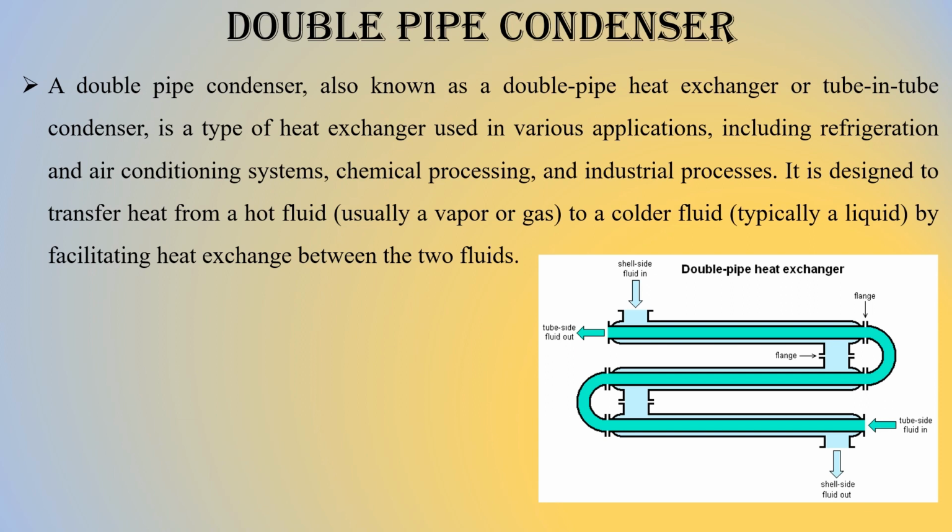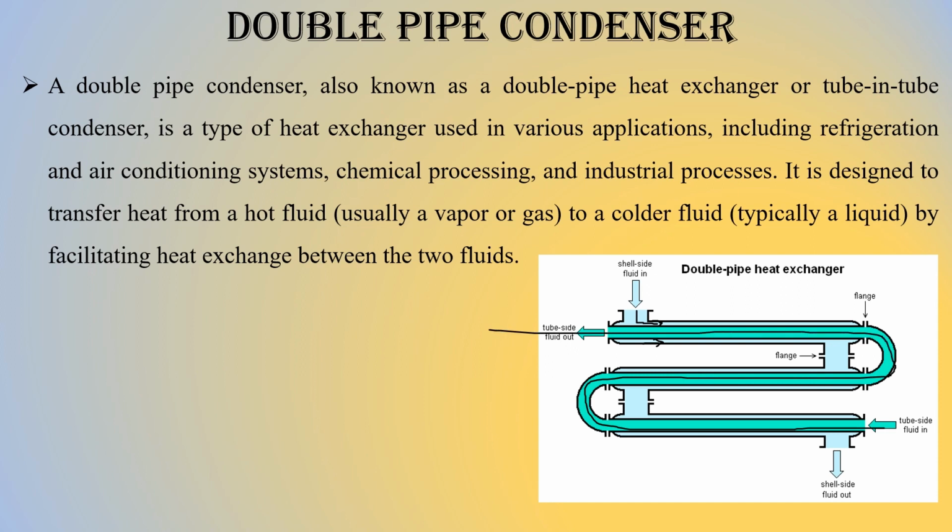Okay, now you can see the diagram. So the surrounding fluid, that is our water, is now in the shell, and the refrigerant is in the tube. Okay, this is our refrigerant.